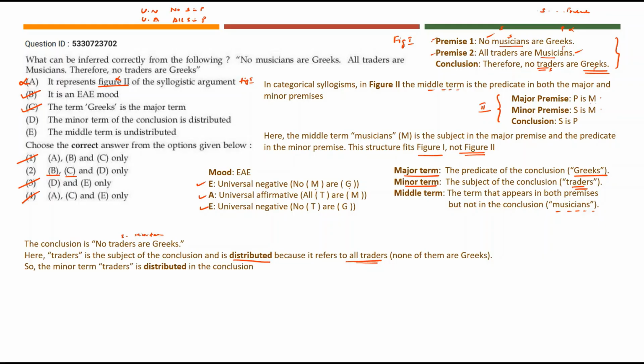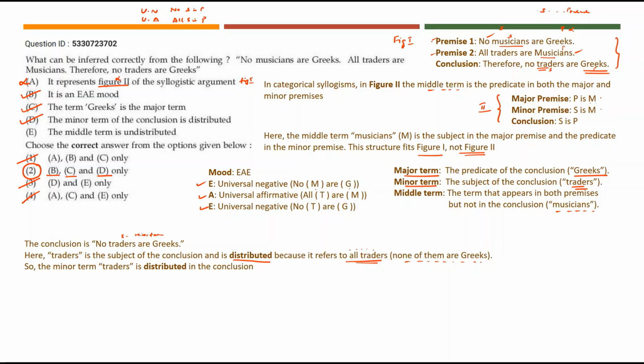When we say a particular term is distributed, it means it should refer to all of them. We can say the minor term traders is distributed in the conclusion. It is because they have told no traders are Greeks, where none of them are Greeks can be taken as the meaning. It means all the traders are included in that particular conclusion. So the minor term traders is distributed in the conclusion is true. We are marking D also. So based on this we can mark option 2 to be the right answer for this question.